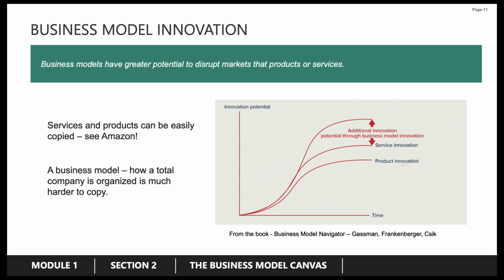You'll quickly find that, because manufacturing is easy to set up and can be outsourced, there are enormous numbers of competitors at a product level. Unless you've got some very unique material or very unique intellectual property around a product, a lot of products can be easily replicated. The same is true of services.